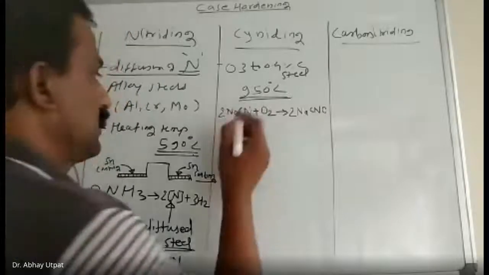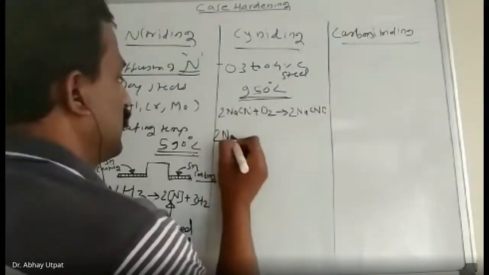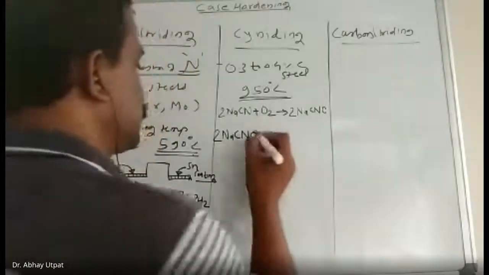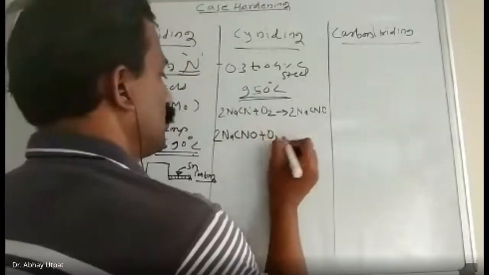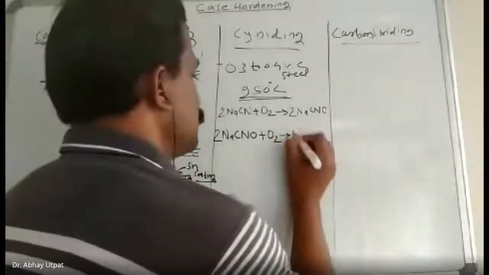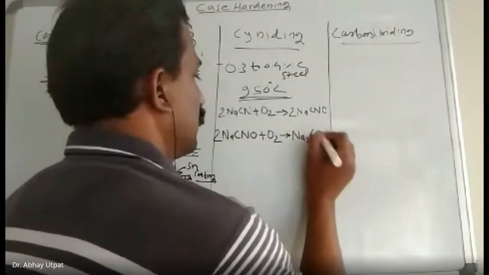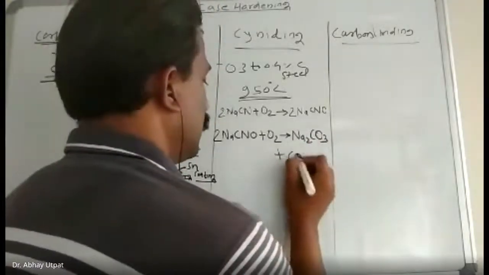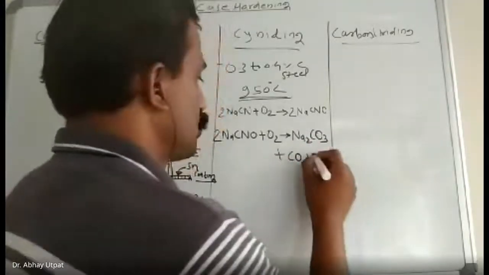Now this 2NaCNO is further oxidized, plus O2, that gives Na2CO3 plus CO plus 2N.